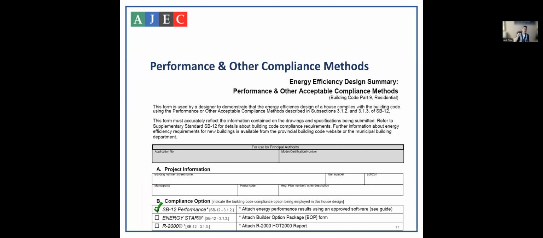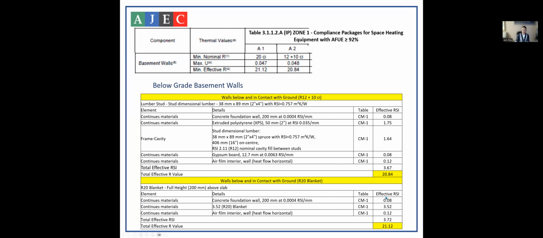Now, why did I want to show you these numbers? Because when I do energy modeling, the way you build your building matters. Although they're deemed equivalent in the prescriptive path, in energy performance, this wall system is actually more effective compared to the R12 plus R10 CI.